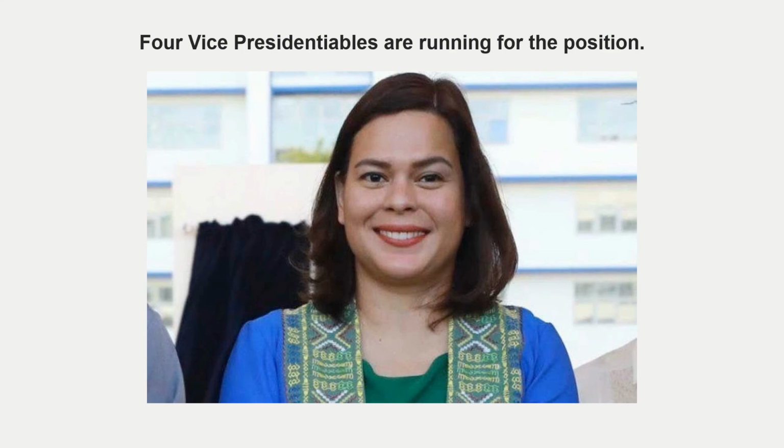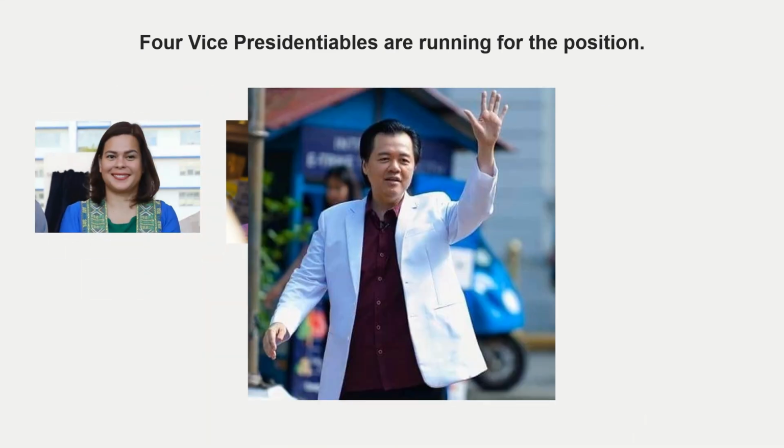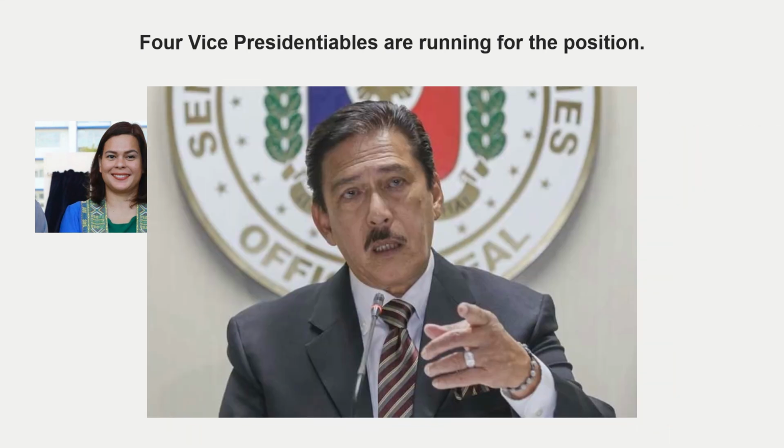So let's add to the mix our vice presidential race. Suppose that we only have 4 vice presidentiables running for the position. First we have Sara Duterte, second Kiko Pangilinan, third Doc Willie Ong, and fourth Senator Tito Soto.